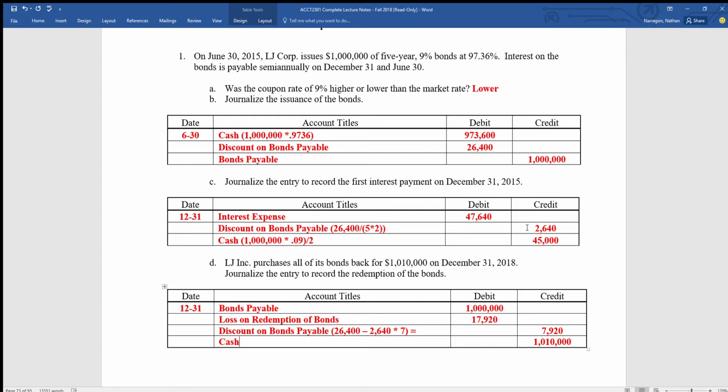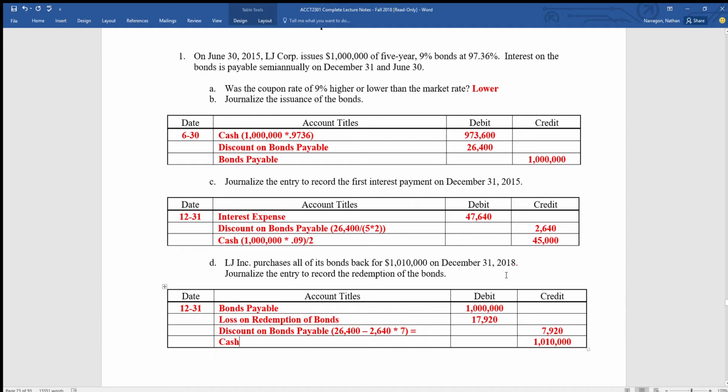Now, you may have thought that it would have been 6. Well, no, it's actually 7. You've got December 31st, 2015, June 30th, 2016, December 31st, 2016, June 30th, 2017, December 31st, 2017, then June 30th of 2018, and since this is on December 31st, you have December 31st of 2018.